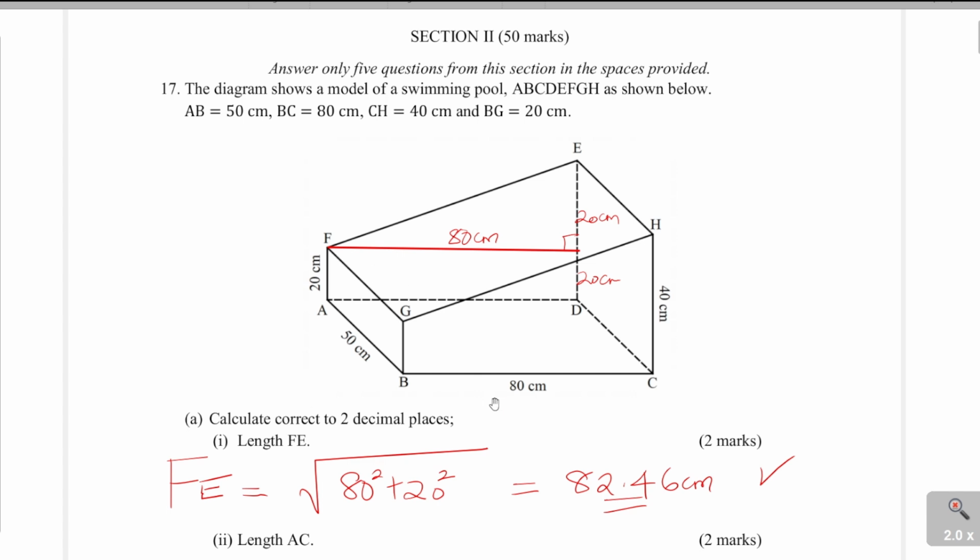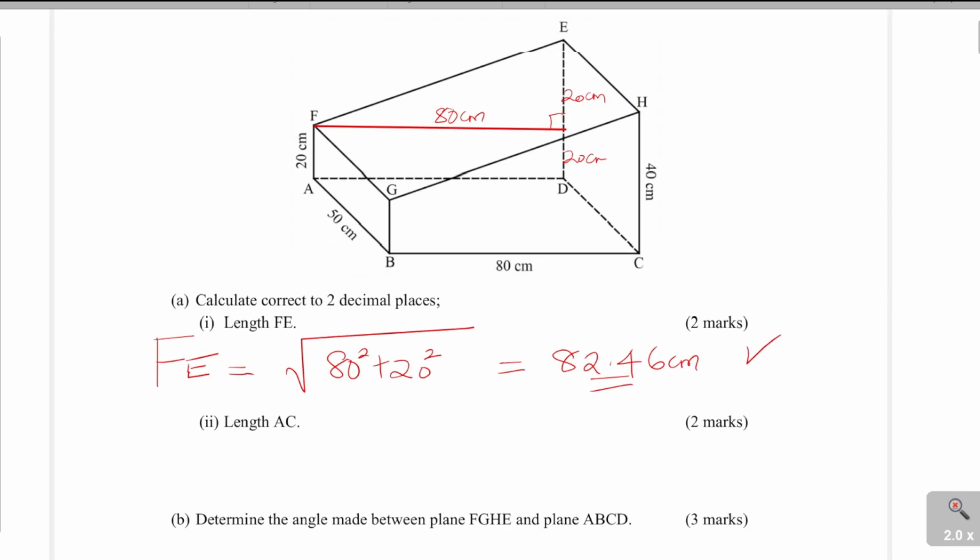We go to part 2, the length AC. We identify where AC is. AC is this length there. We'll have to draw it. That one will be quite easy to get because this angle here is 90 degrees, and we use triangle ABC.